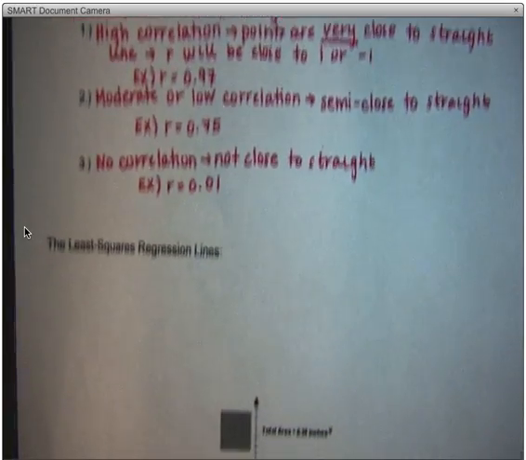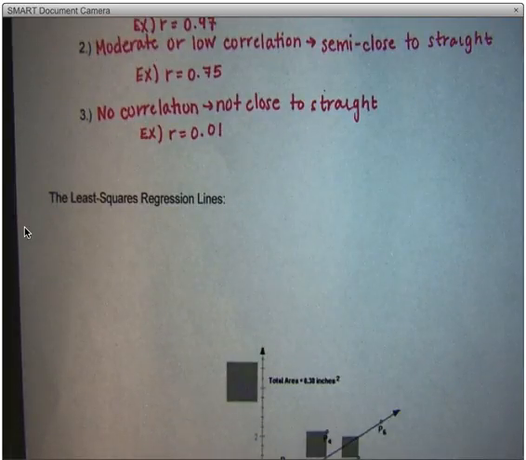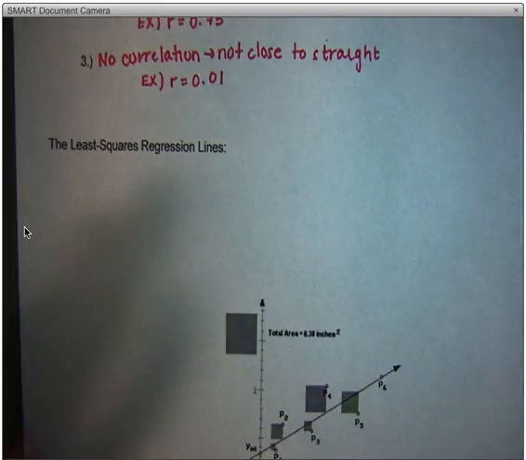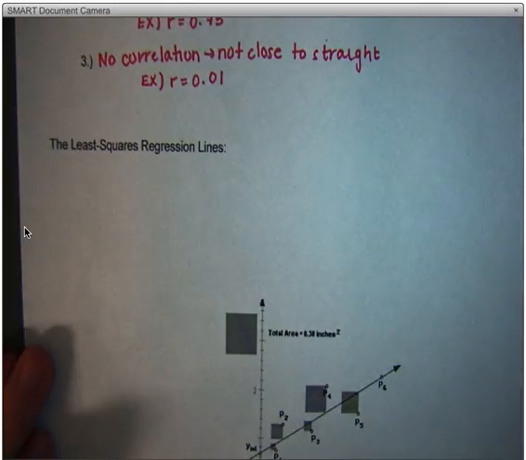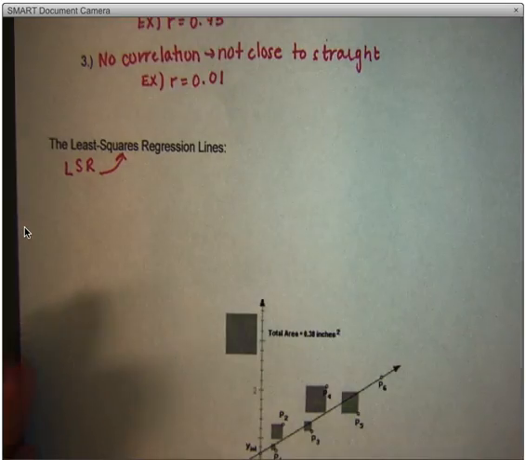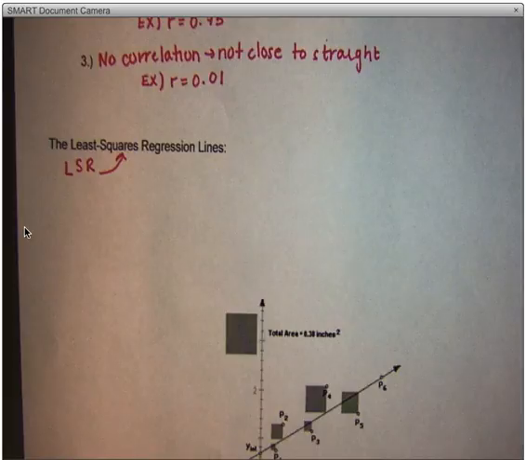Okay, the least squares regression line. So we're also going to get this formula from the calculator. So least squares regression line, there's an abbreviation, it's just LSR. So this means the exact same thing. Okay, the least squares regression line is just the formula, or it is the line of best fit.